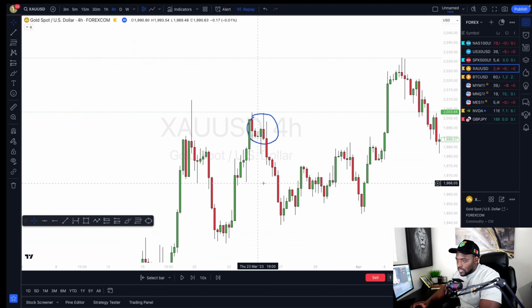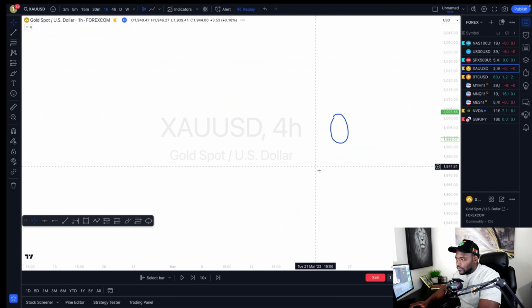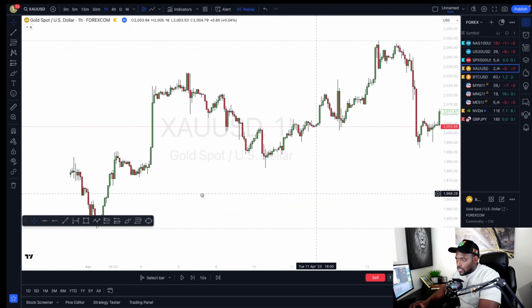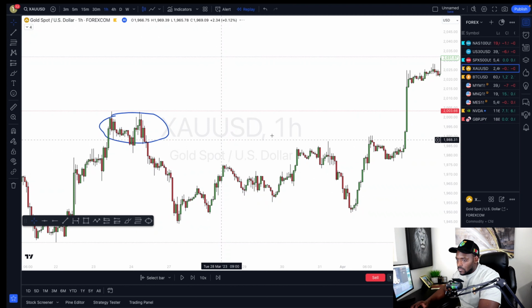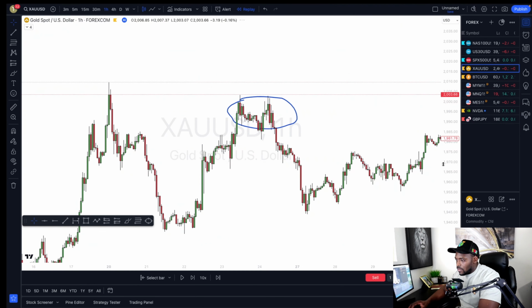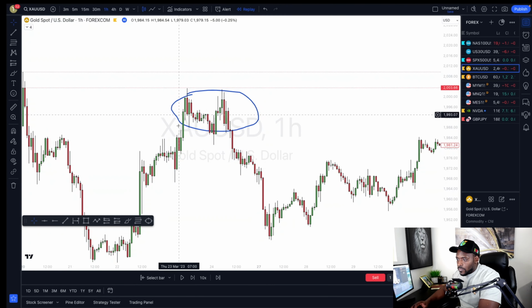If we drop down, let's say 1 or 2 time frames lower, what you're going to see is a setup created. You're going to see a setup created, and all you have to do is wait for that setup.